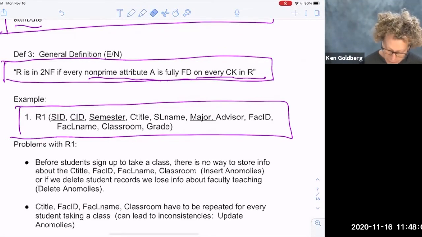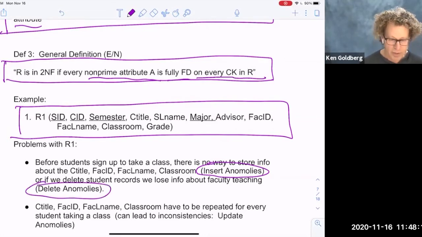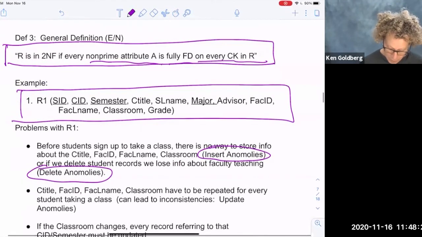So I have this challenge with insert anomalies. And then we talked earlier about delete anomalies. If you delete all the students, you would inherently delete all the faculty and teaching records.